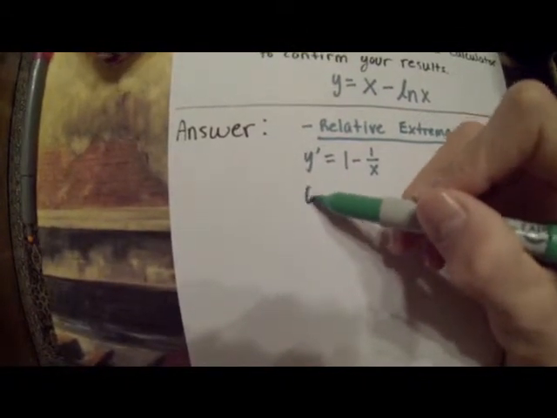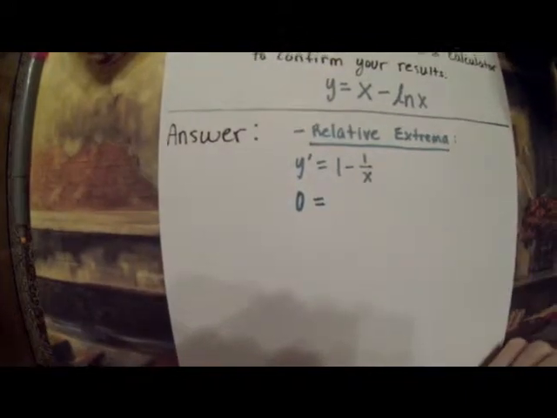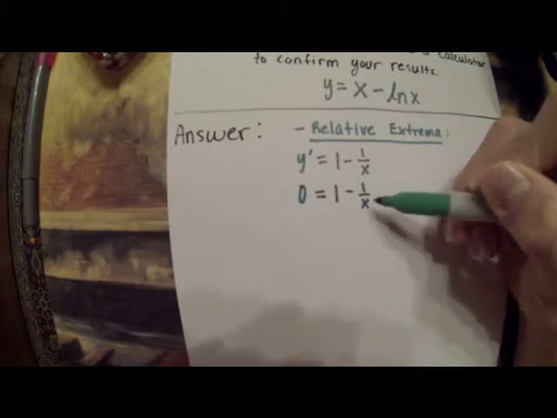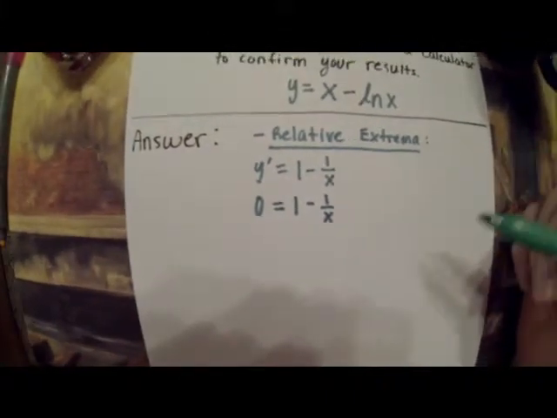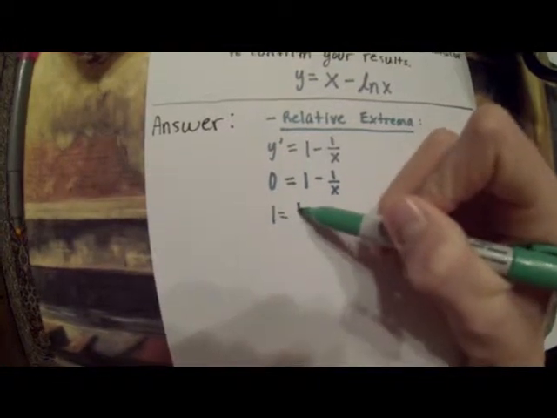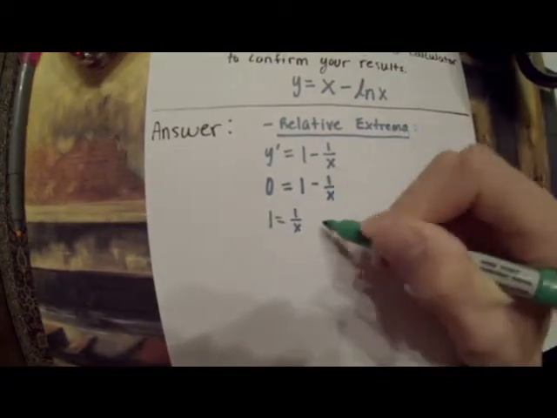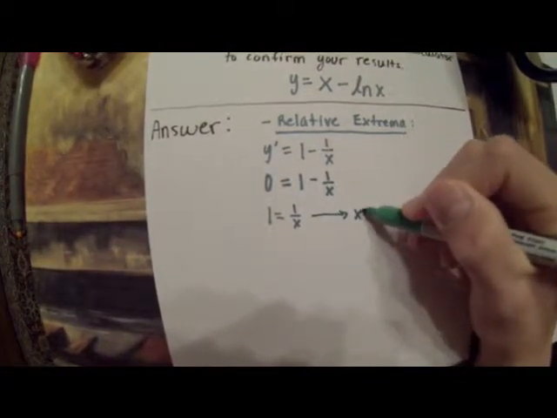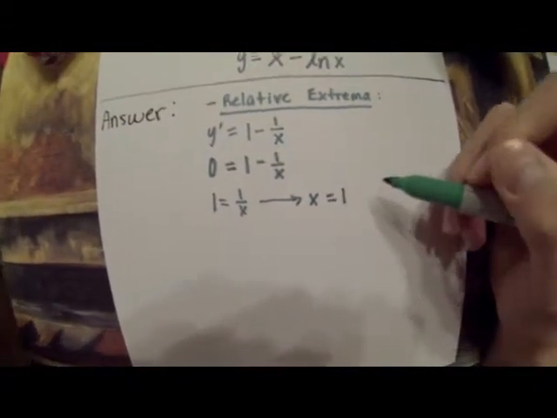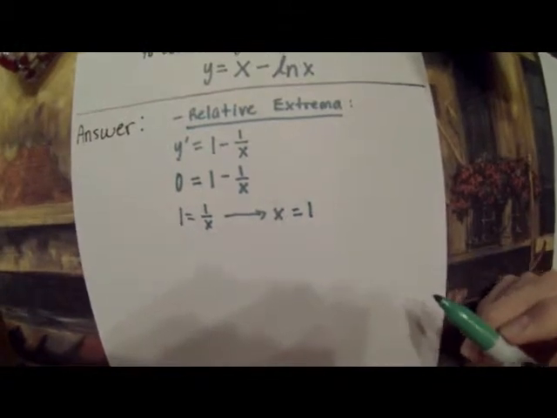So y prime 0 equals 1 minus 1 over x. So 1 equals 1 over x. So x is equal to 1. And that is a possible relative extrema.